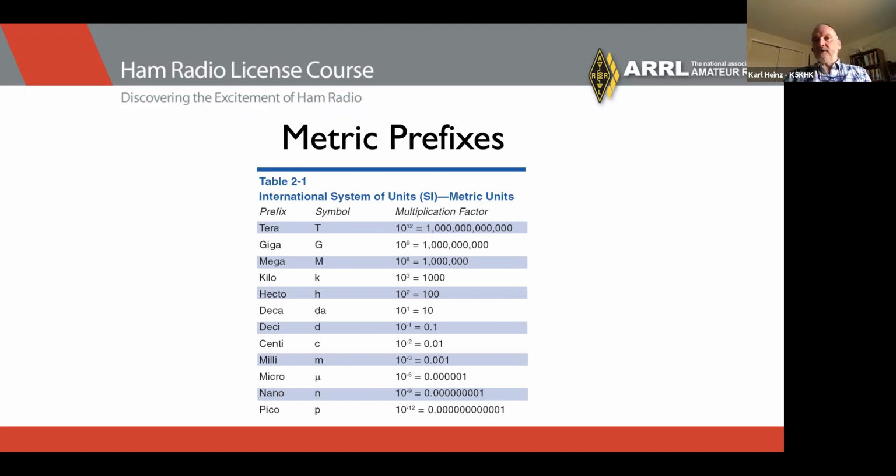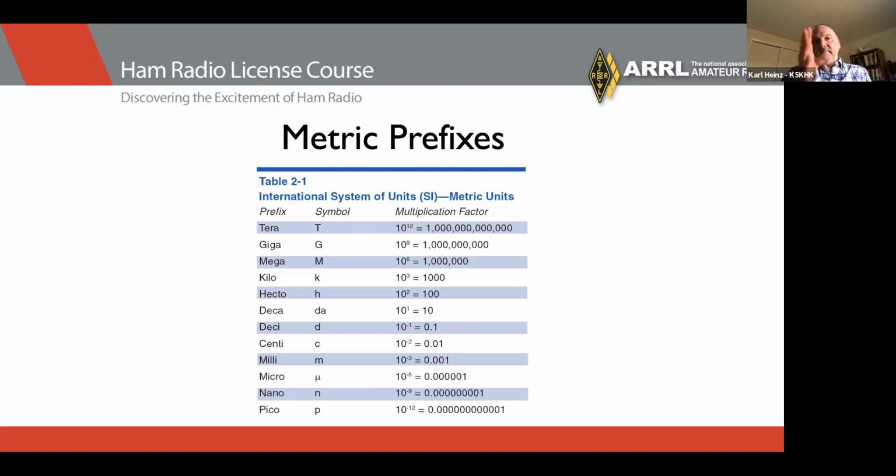The same thing if you look at your medicine cabinet and look at the ingredients on aspirin, ibuprofen, or any other medication that you may have, the amount of the active ingredient is very likely specified in milligrams. And milli, again, is one of those prefixes that we need to deal with.